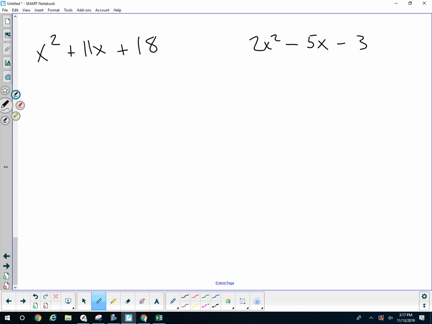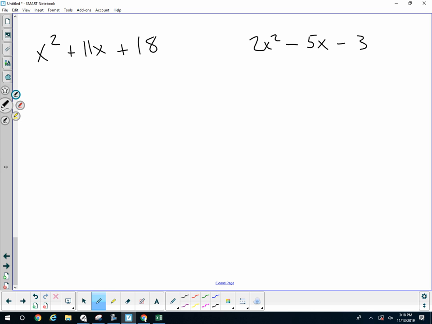Easy one on the left, harder one on the right. Got it? Come on. Two more. We're taking the quiz after this. Nope. 8 times 3 is 24.